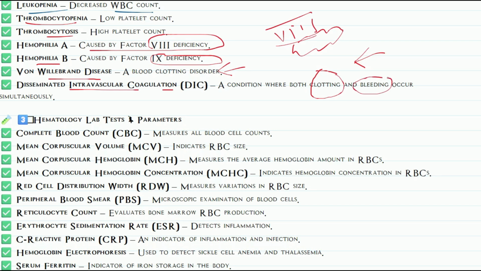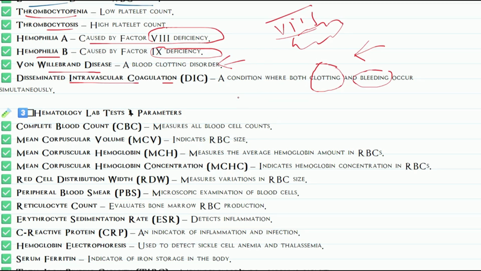Both conditions can lead to the death of the patient, right? Because of excessive clotting, there is no circulation of blood inside the body, and if the patient survives this excessive clotting, they will definitely die from the bleeding, because the clotting factors are consumed in this clotting mechanism.